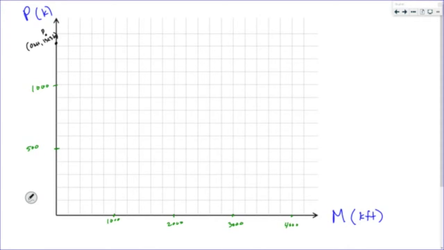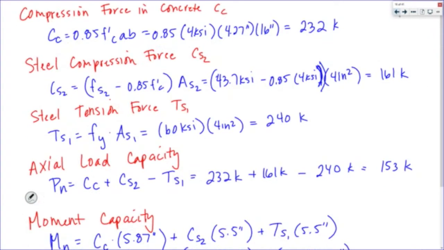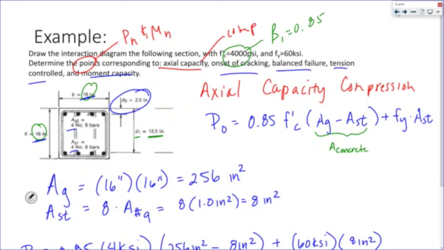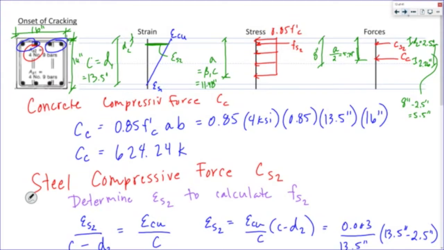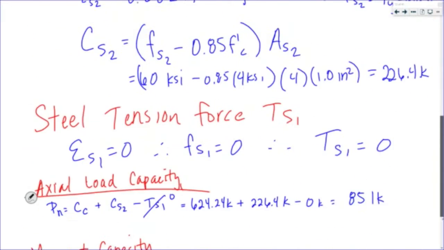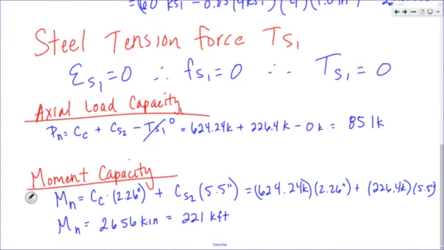Okay. Our next one, we're going to go back. What do we do? The onset of cracking. At the onset of cracking, our nominal capacities were 851 kips and 221 kip feet. So 221 kip feet and 851.